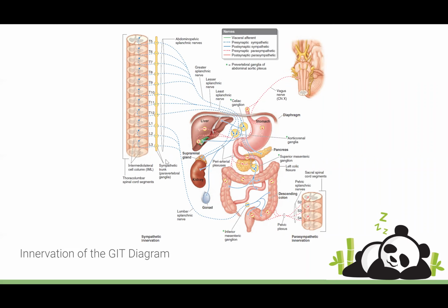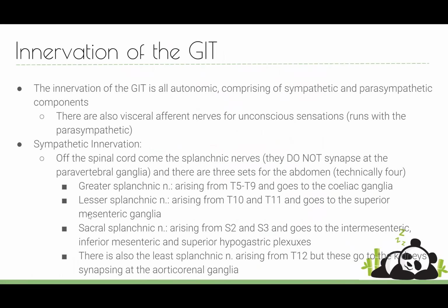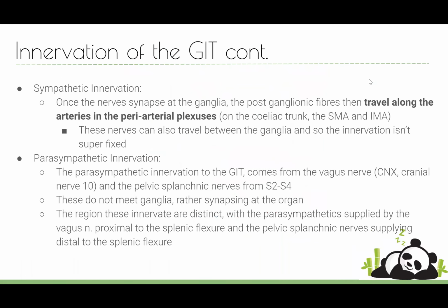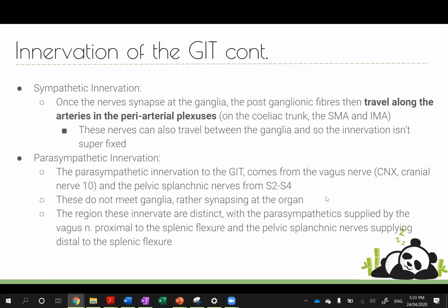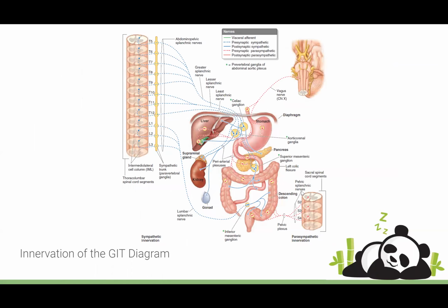I will have to look that up later. I think we should double check that, because sacral is usually parasympathetic. So does the sacral splanchnic come out at L1 to L3, but travel down the chain and come out at the sacrum? The answer to that is yes. If you go back to the picture, Kevin. There we go.